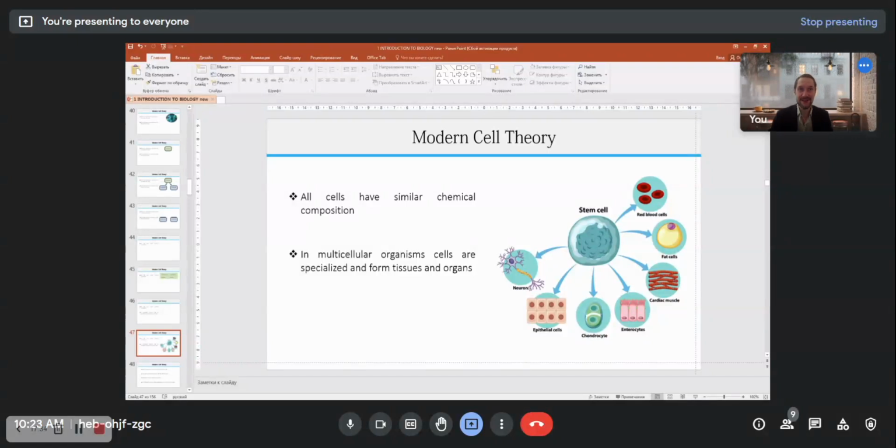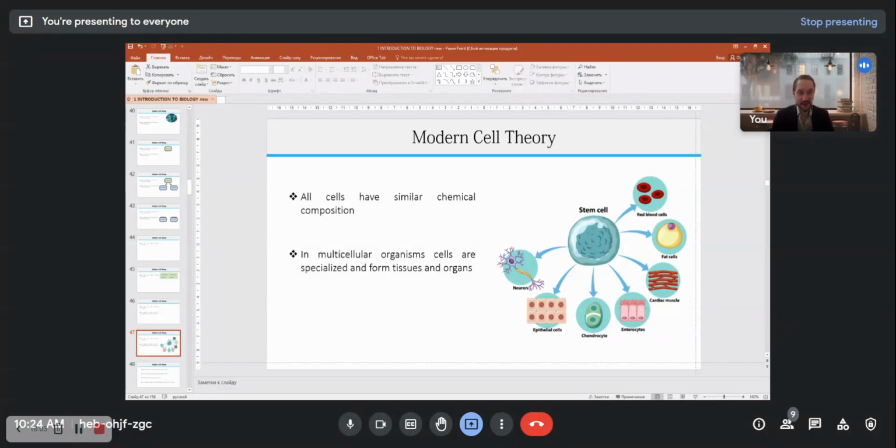So as you see, the specialized functional activities of the organs rely on the functional specialization of the cells that compose these tissues and organs. Fascinating properties of the organs start from special properties of the cells that compose these organs.